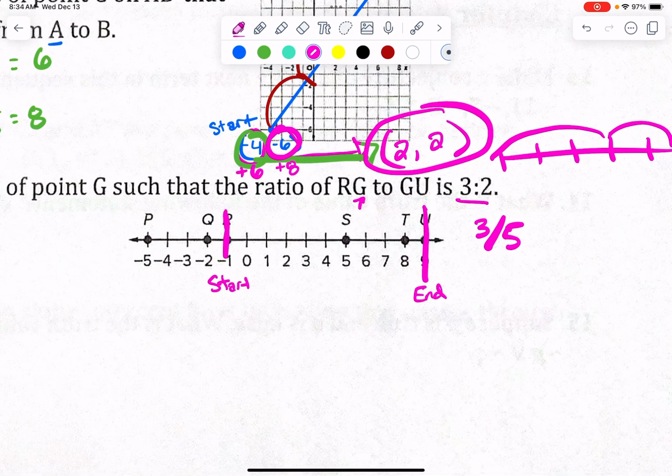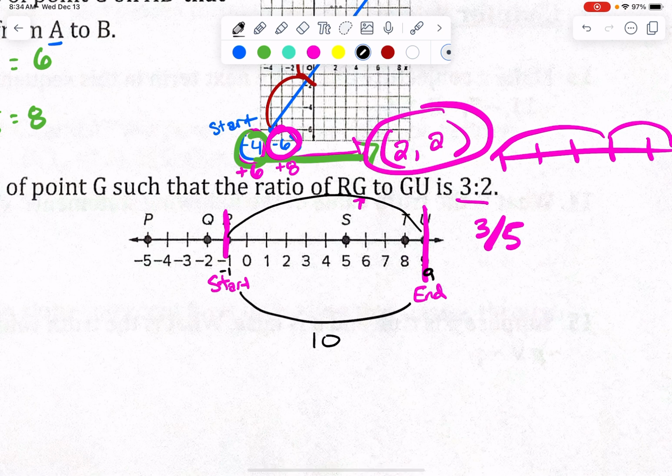So I'm going to first find the distance between R and U. R is at -1, U is at 9. So if I try to find how far apart they are, those are 10 units apart. And I only want to go 3/5 of that. So I'm going to take 10 times 3/5, and that's going to be 6 units. So I'm going to go 1, 2, 3, 4, 5, 6.